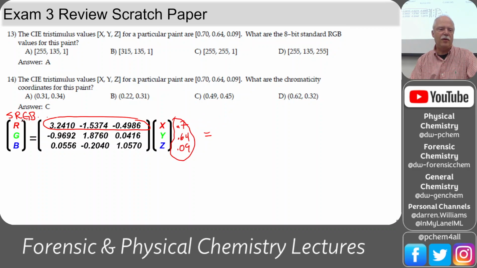So this first number, the R number, the standard red number, is 3.2 times 0.7, plus a minus 1.5 times 0.64, plus a negative 0.5 times 0.09.